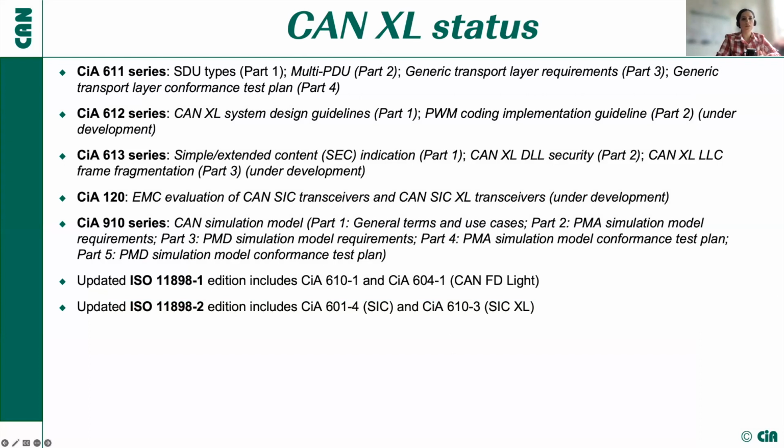For example, CiA 611 series specifies SDT types in part 1, and in part 2 it specifies generic transport layer requirements. And it also has a part 3 specifying a generic transport layer conformance test plan. And the other specifications, as you can see here.